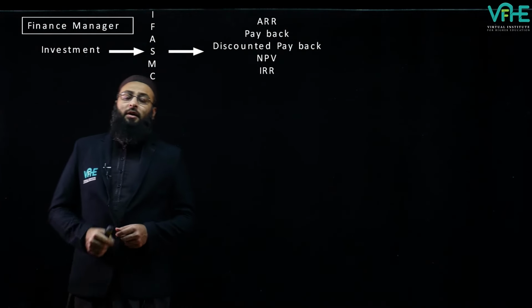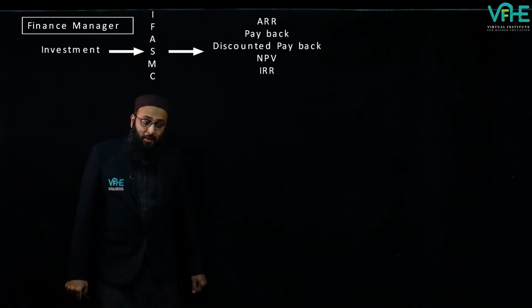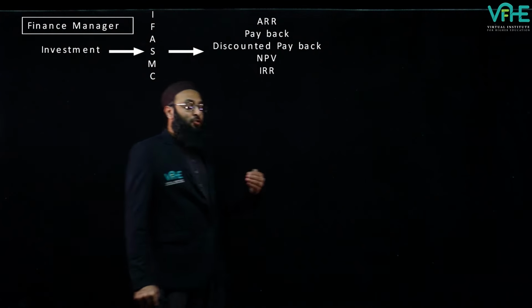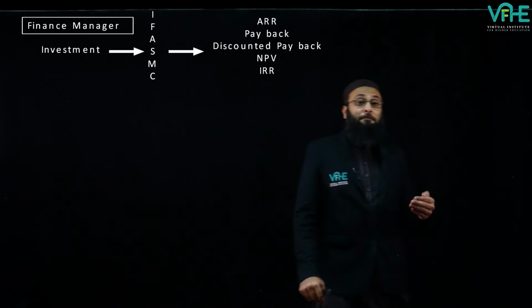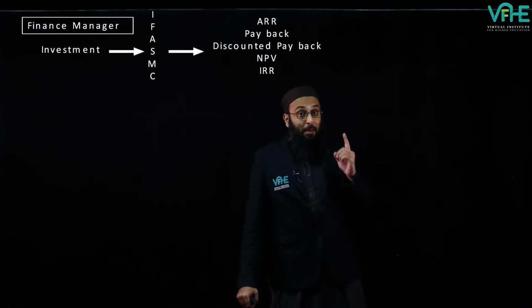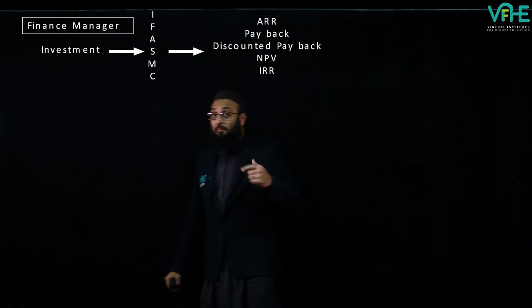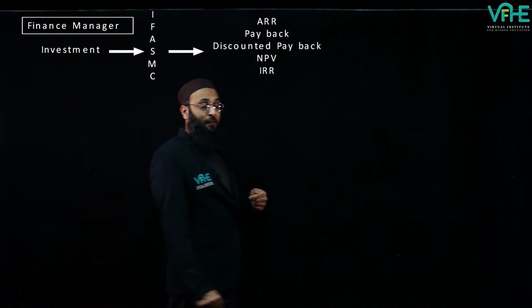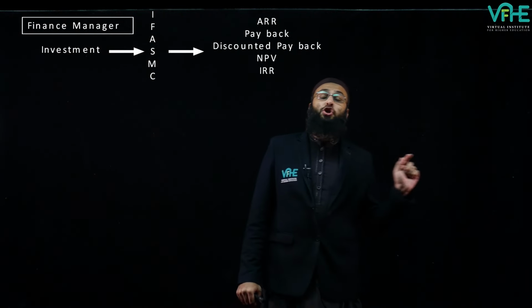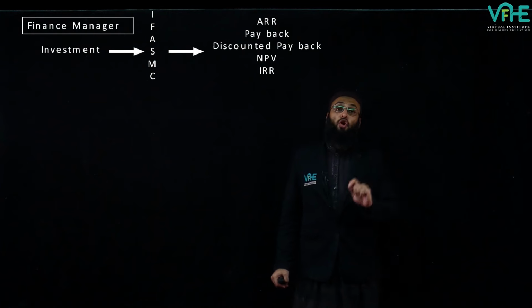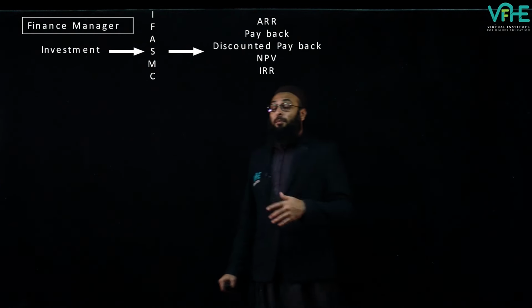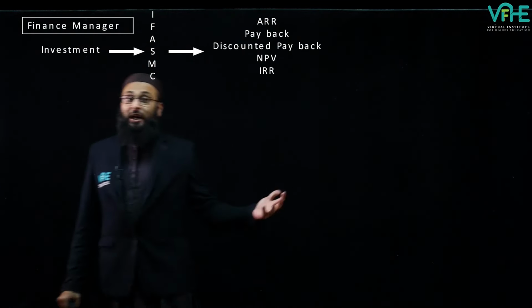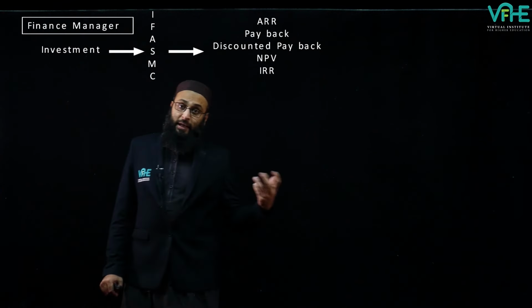The other formula is the average investment method, where we say profit before interest and tax divided by average investment. But it's very important to remember that whether it's the initial investment formula or the average investment formula, the PBIT should be the average PBIT for all the years. If the project life is 3 years, then you have to take the 3 years' average here.